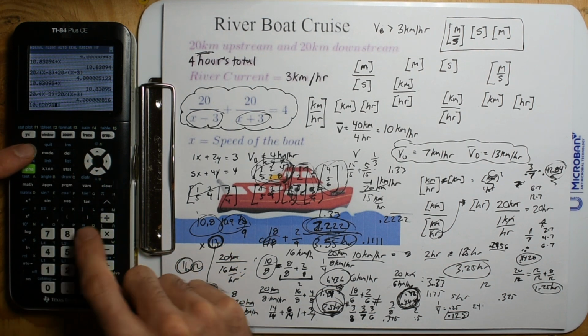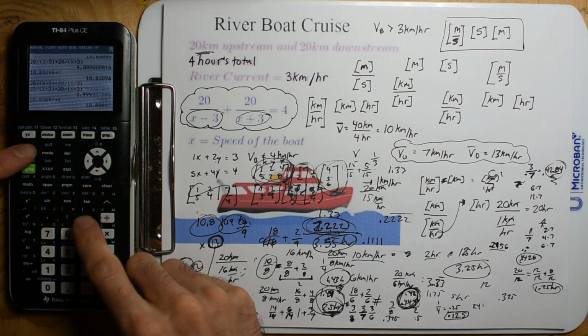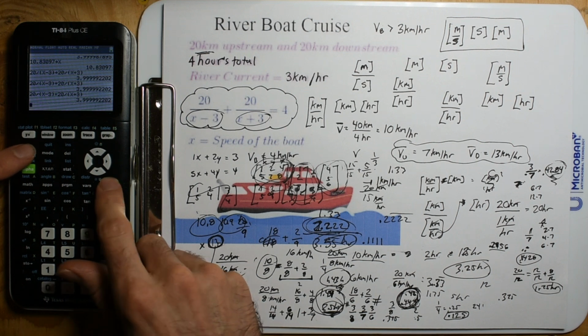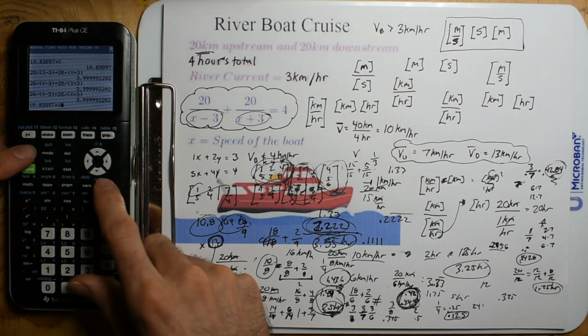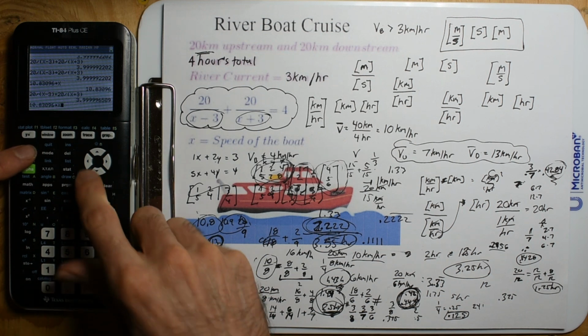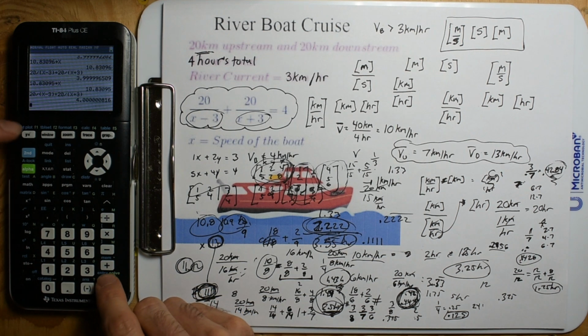Too slow. We're going to go 8. Too fast. And then a 7. Too fast. And then a 6. Too fast. And then a 5. All right, so that was too slow.